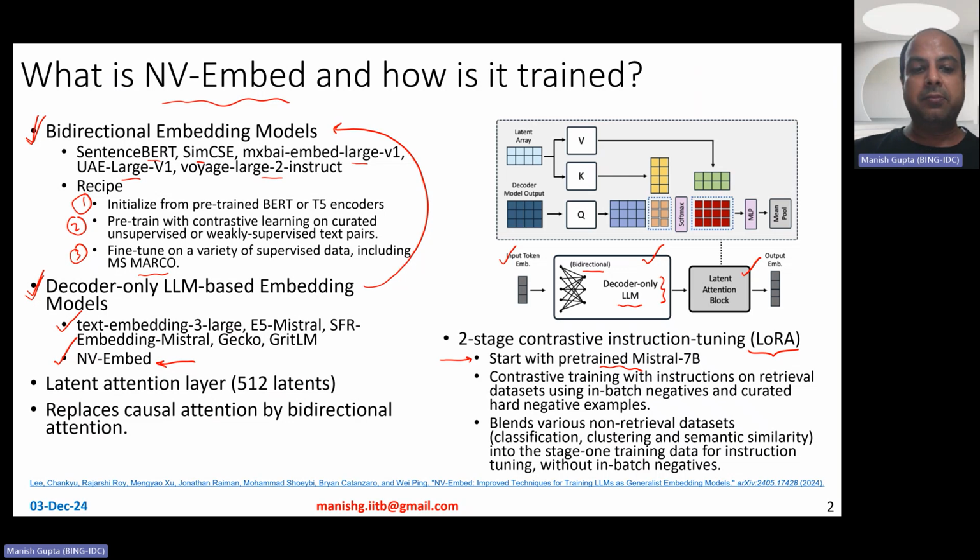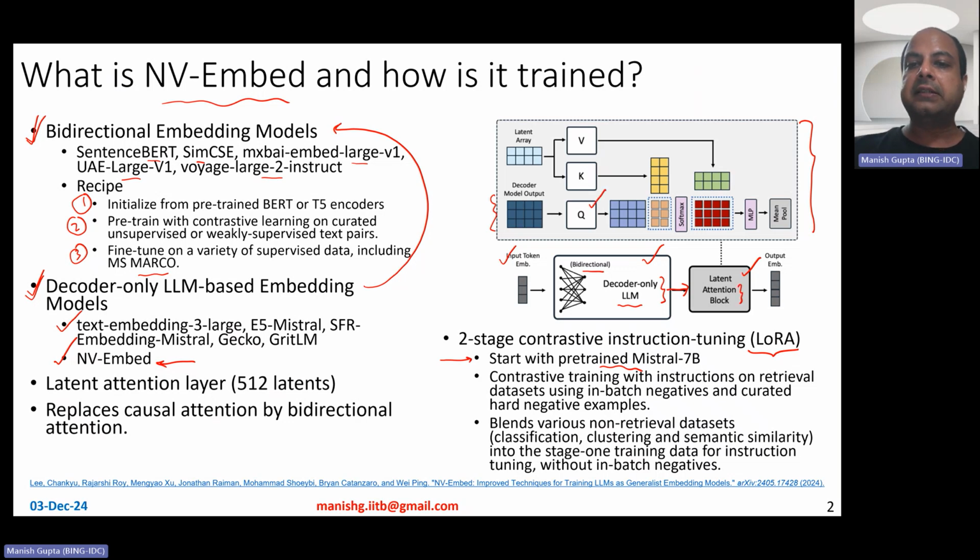Now, this latent attention block looks like this. It follows the Perceiver IO architecture in some ways, but let me try to explain what it does. It takes the output from the last layer of the decoder-only LLM, shown here, and uses them as queries in the attention block.